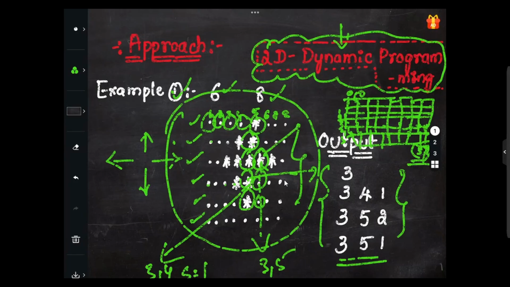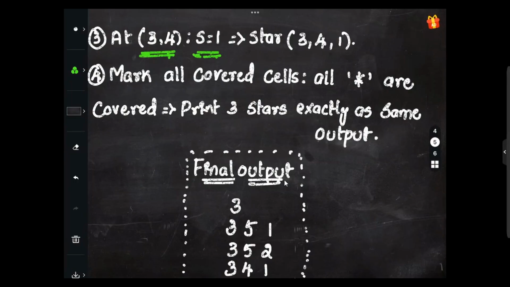Here we have found another star, so this one is s equals 2. Now we will consider this star at 3 comma 4 where s equals 1. I'll come here at 3 comma 4 when s equals 1, star. We can represent this one in the form 3 comma 4 comma 1, right?